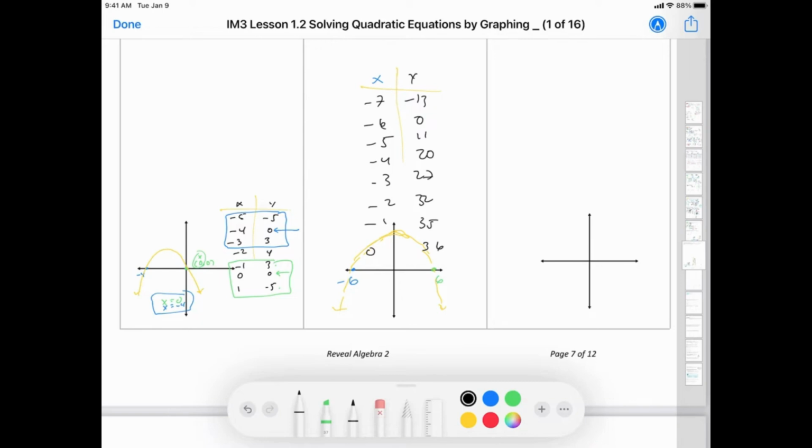Well, you would have to go all the way up to positive 6. I'll just show you guys the blue one. The blue one, the answer is between -7 and -5 right here. There's a 0, and 0 is between a negative and positive number. So our answers are x equals -6 and x equals a positive 6.